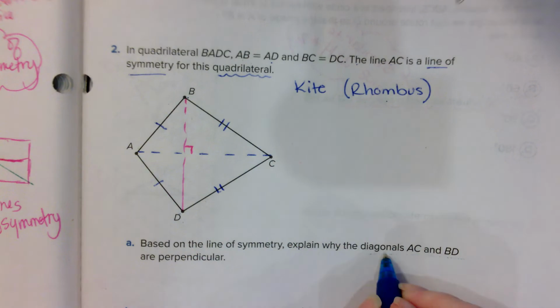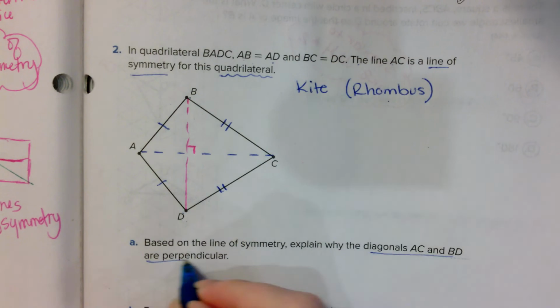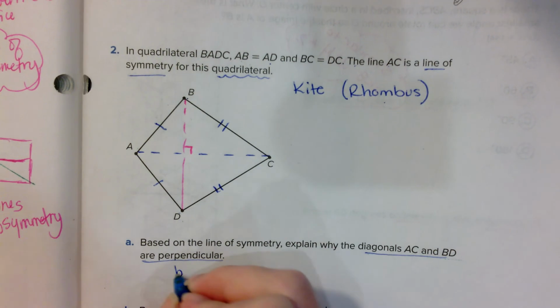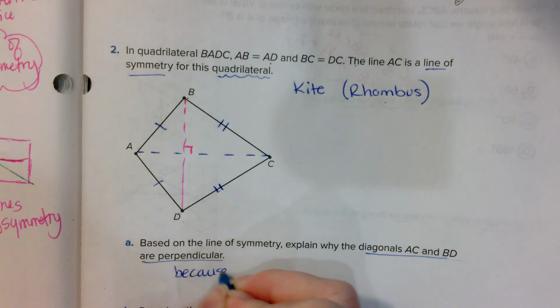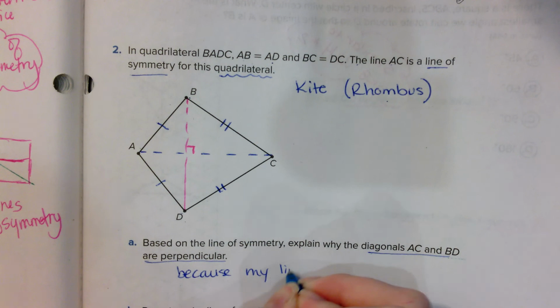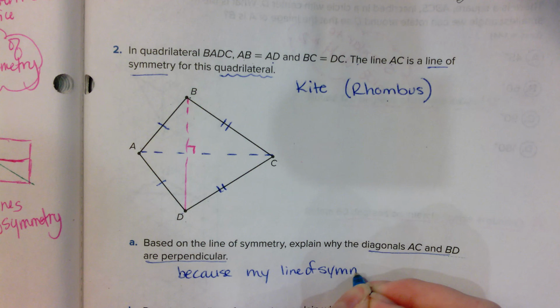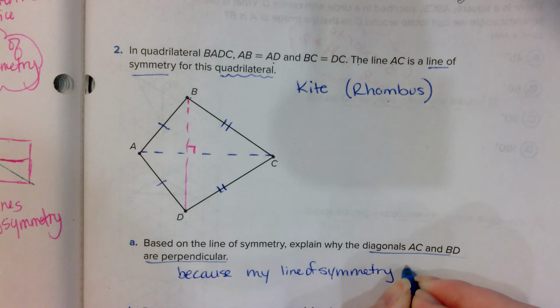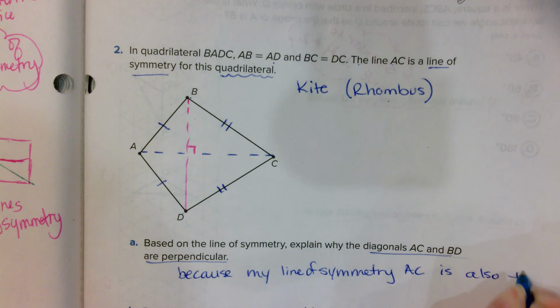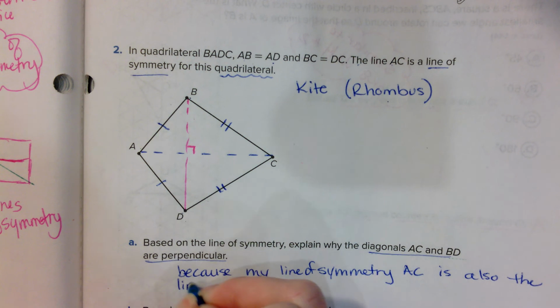So in this case, these would be perpendicular because my line of symmetry, that's my AC, is also the line of reflection.